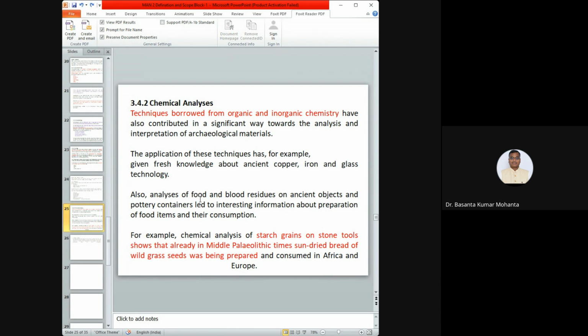So these chemical analyses are very much helpful. We can take the example of starch grains on stone tools. They show that already in the Middle Paleolithic time, sun-dried bread of wild grass seeds was being prepared and consumed in Africa and Europe.